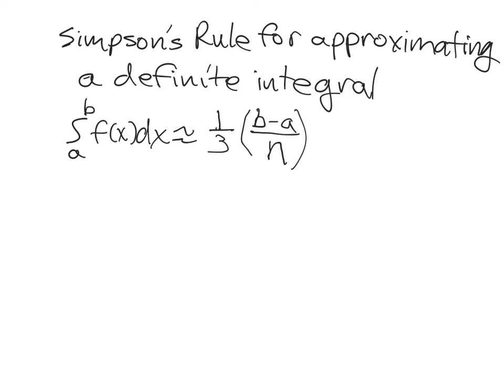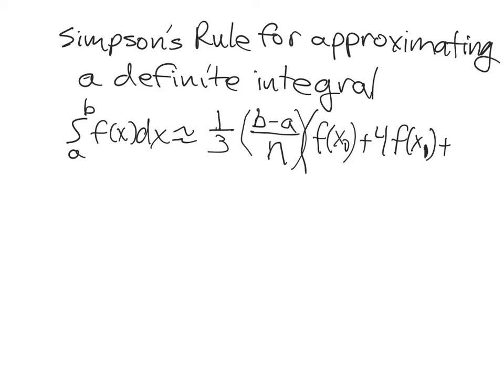Okay. And then the function value, well, the y sub 1, as we talked in our area under a parabola, that's going to be the function value at a, or x sub 0. And then 4 times our next x value in our partition.